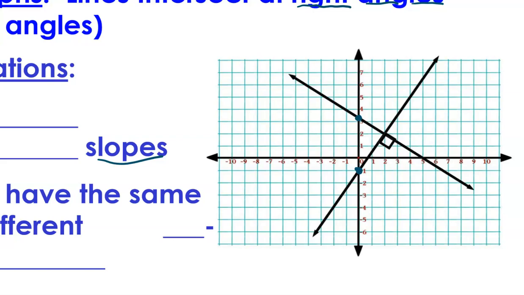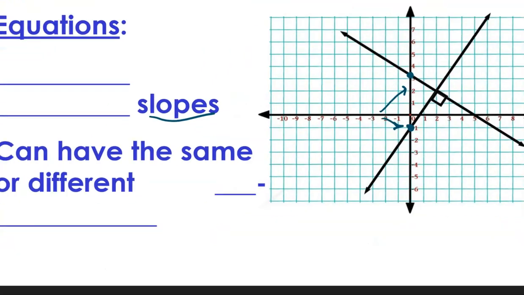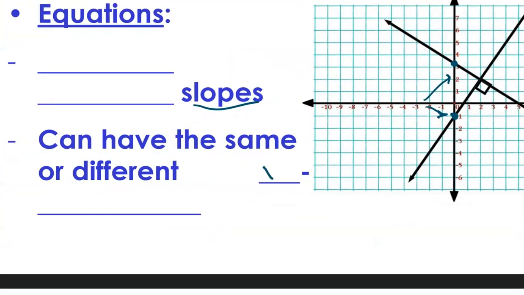What's interesting about these perpendicular lines is even though these two have different y-intercepts, it's actually possible for them to have the same y-intercept. And that's if their point of intersection actually is the y-intercept. That's when they can have the same y-intercept.